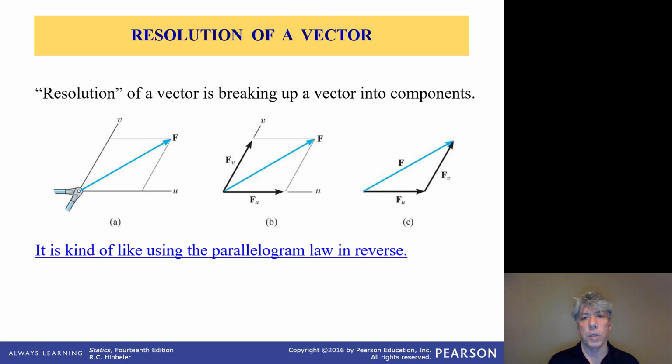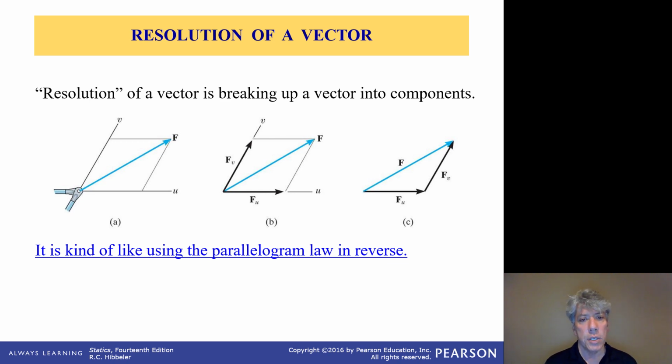What is resolution of a vector? Well, it's actually the opposite. It's actually breaking up a vector into its components. So if you have a force F being applied to a point, and you'd like to know how much force is along the U and the V axes, you can actually break up force F into components.